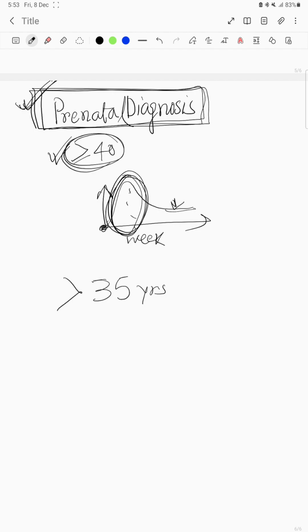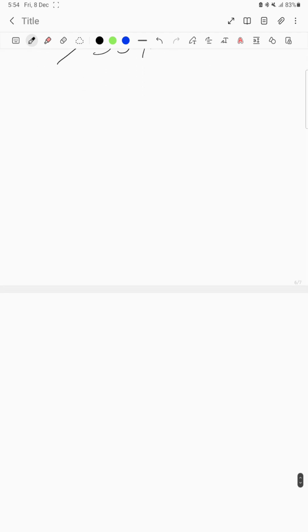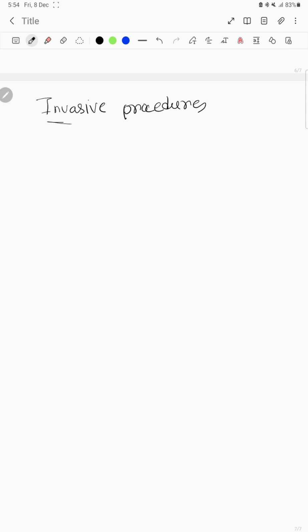One is invasive, another is non-invasive, and in between them there are minimally invasive procedures. Let's talk about invasive procedures.